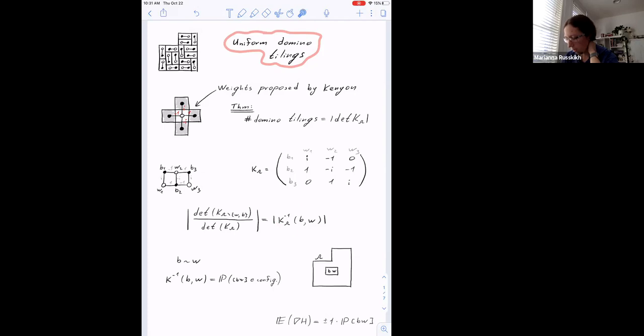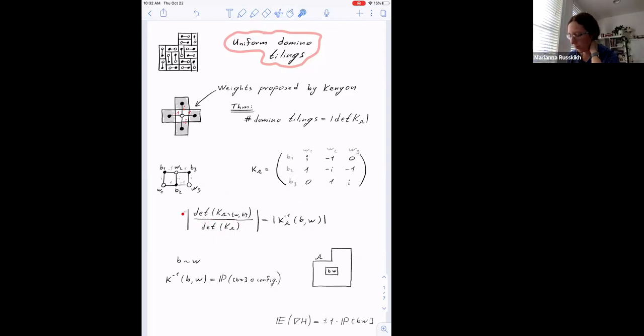Note that if I consider two neighboring vertices or squares B and W, then the absolute value of the inverse Kasteleyn matrix at this domino is nothing else than the absolute value of the ratio of the determinant given by the matrix K without the corresponding rows and columns of vertices W and B, divided by the whole determinant of the matrix, right?